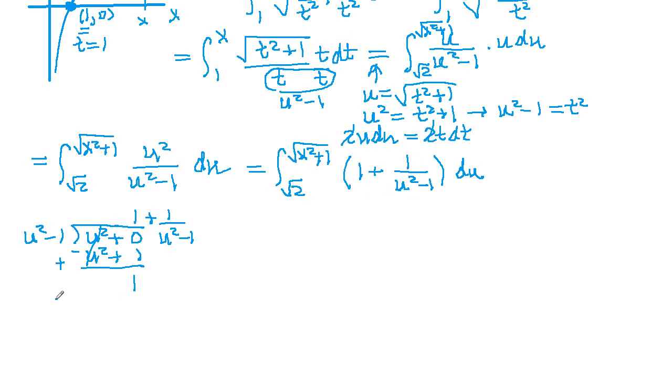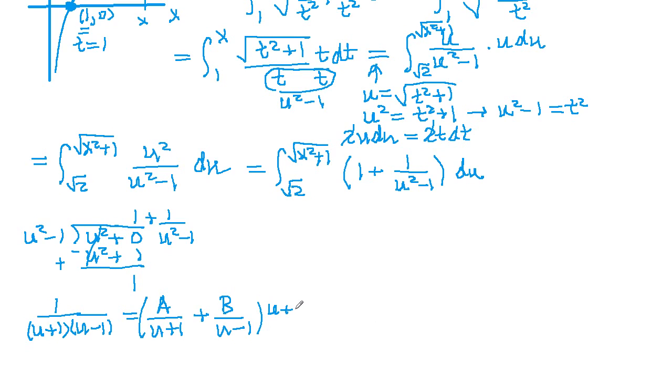We've got 1 over u squared minus 1 is u plus 1, u minus 1. And the partial fraction decomposition is going to be a number over u plus 1 plus a number over u minus 1. So we multiply through by the LCD, which is u plus 1, u minus 1, both sides.